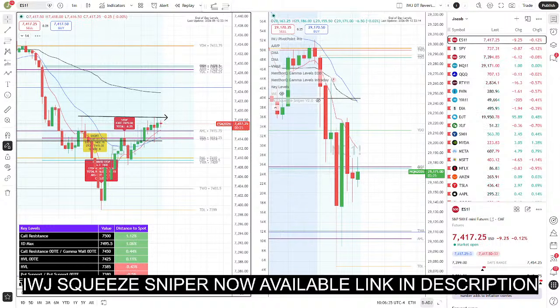NASDAQ is all over the place. Crazy. You don't see these markets oppose each other very often, where ES is grinding higher and NASDAQ is trying to grind lower and flat.